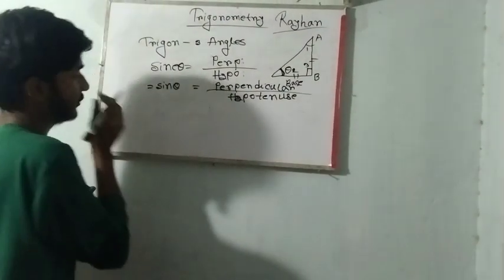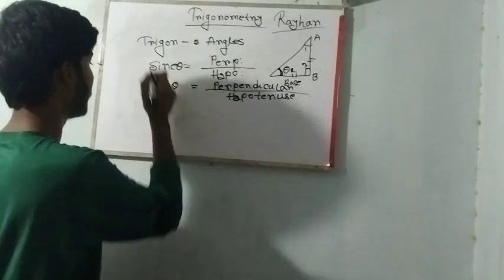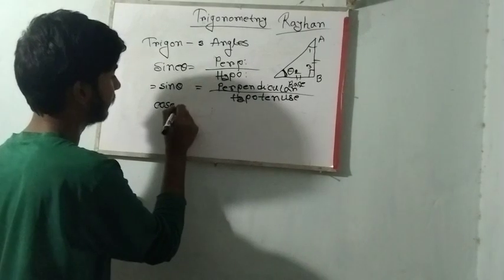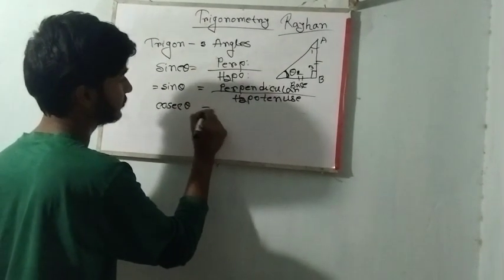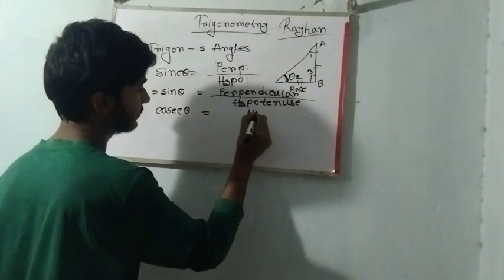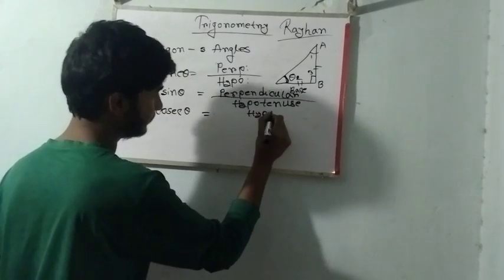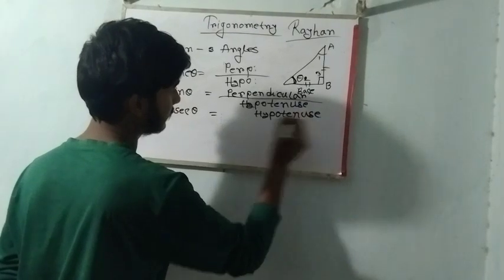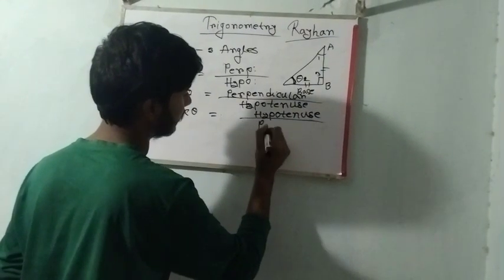And the inverse ratio of sine is called cosecant. Its short form is cosec. Cosec theta is equal to hypotenuse divided by perpendicular.